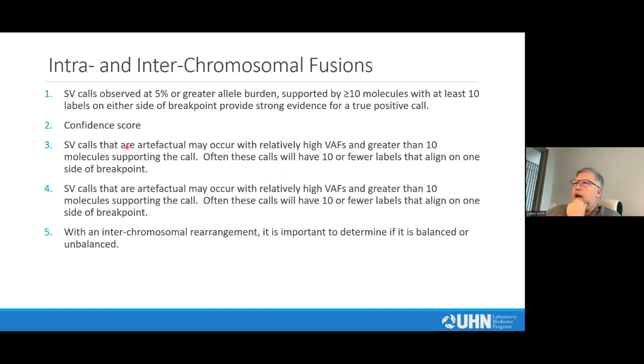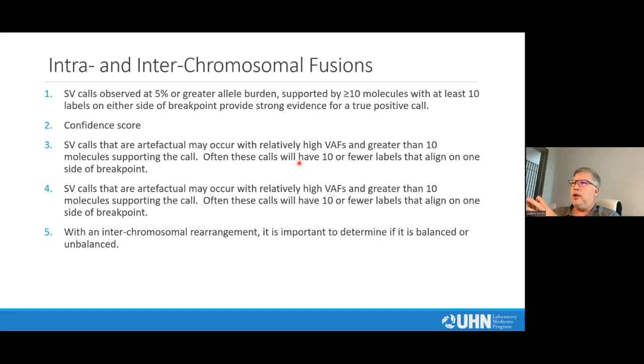Also, we've looked at a lot of SV calls that are artifactual, and some of these can have very high VAFs. They can have more than 10 molecules. Often, a lot of these calls will have 10 or fewer labels that align on one side of the breakpoint. There's a lot of repetitive sequence in the genome, as you all know, and you'll get very similar label patterns that occur, and sometimes the software will try to make that call.